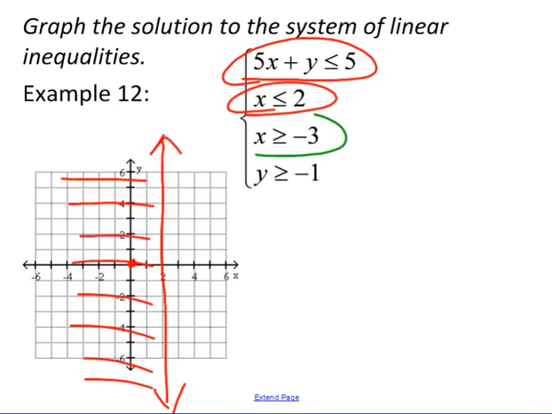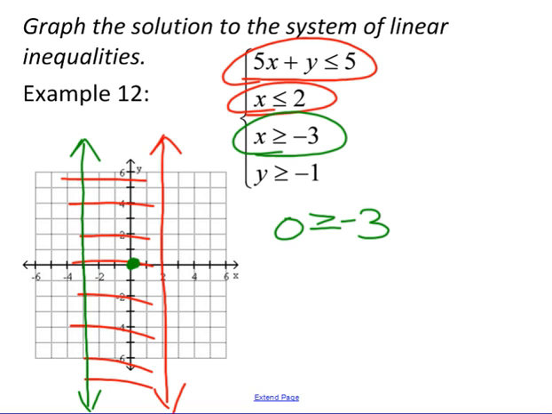Now I'm going to have x is greater than or equal to negative 3. Again, it's going to be vertical and it is going to be solid. Test point, 0, 0. Is 0 bigger than negative 3? And it is.